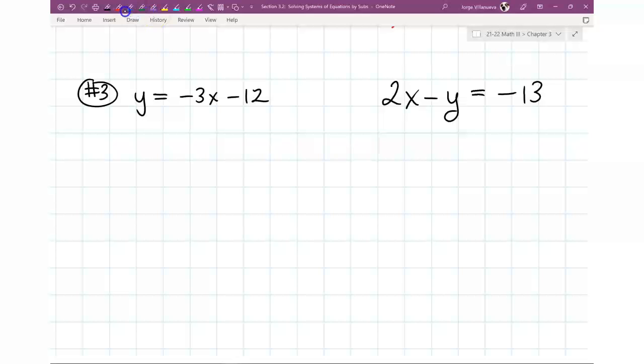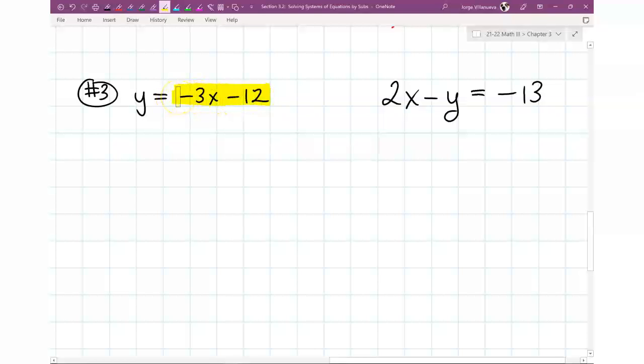Do you guys see how one equation, y equals negative 3x minus 12, is already solved for y, right? The other equation is not. Since the equation on the left side is solved for y, it's saying anywhere you see y, you can write negative 3x minus 12.